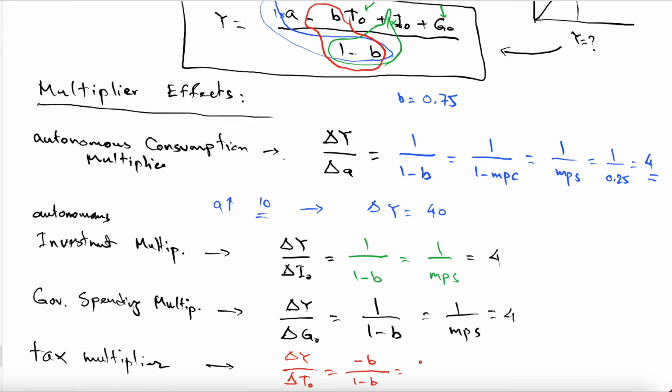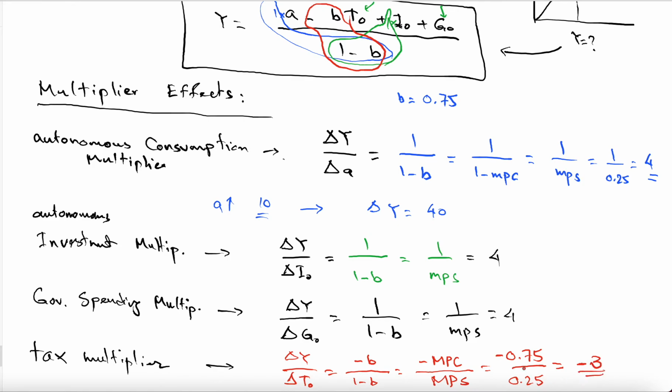So minus b is minus marginal propensity to consume, and 1 minus MPC is MPS. So MPC was 0.75 and this was 0.25. So this is basically minus, don't forget the minus sign, minus 3.